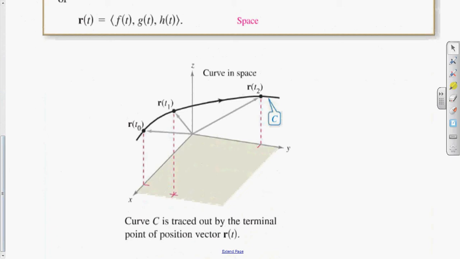We say that the so-called vector valued function, or the path or position vector, roams through space in some path, and we call that path a curve C. Now, what is that curve C?